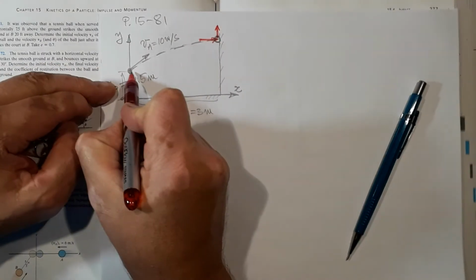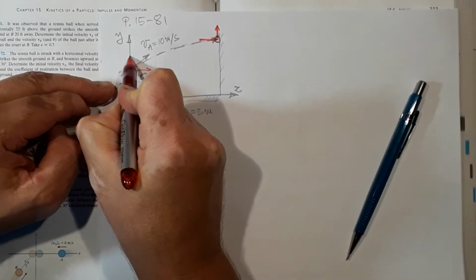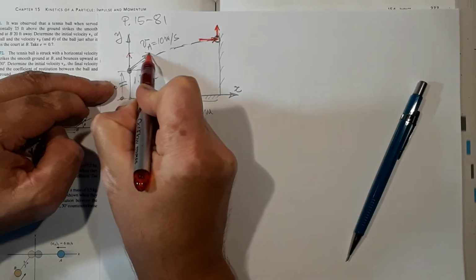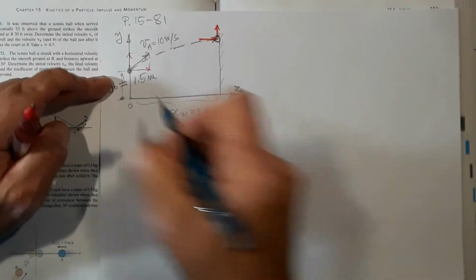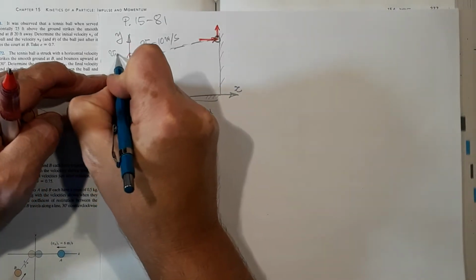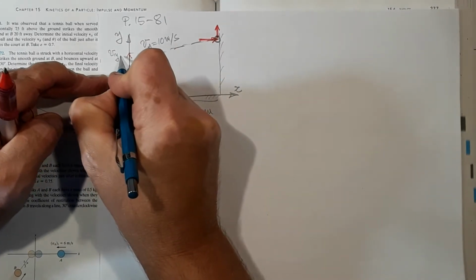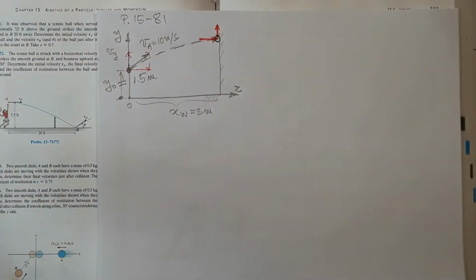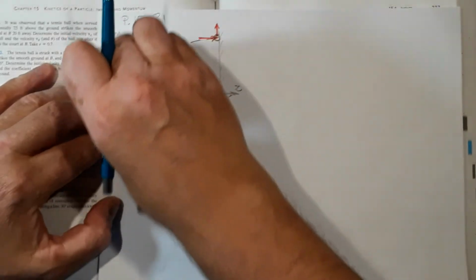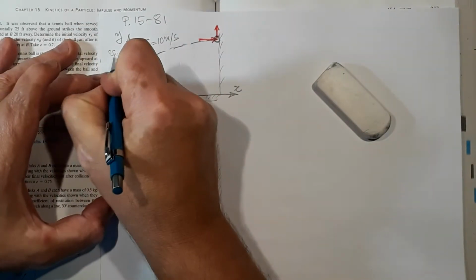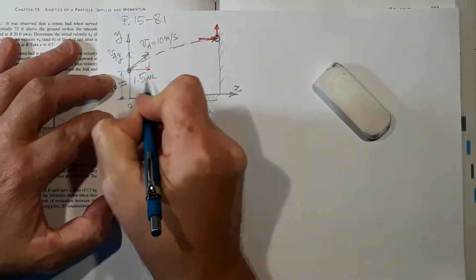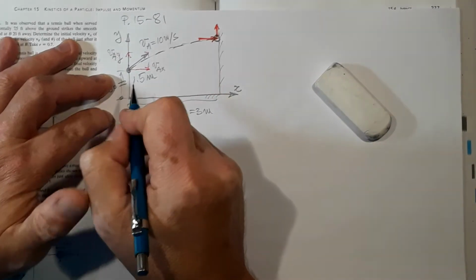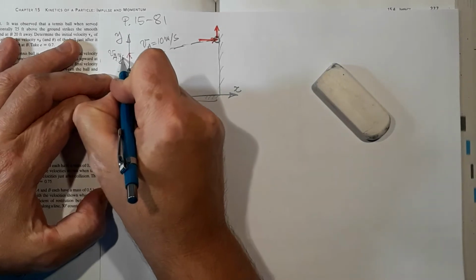So what do we have? For phase one, motion towards the wall, we have velocity in the y direction at A, velocity of A in the y direction, and velocity of A in the x direction, and these are 0.